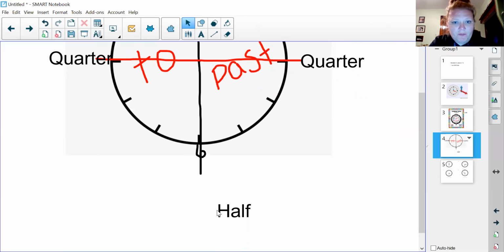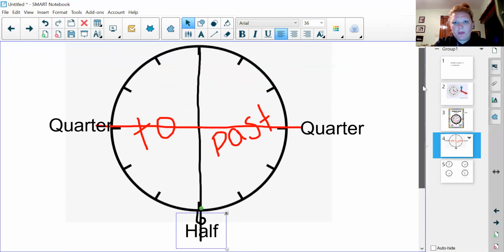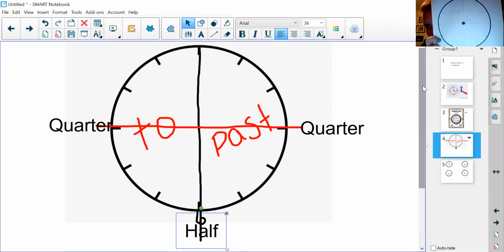My clock looks a little different than what your clock is going to look like. Your clock is going to have dotted lines that go right to those numbers. But if you look right at your clock, there are little lines right there. And we are going to write the hour numbers there.